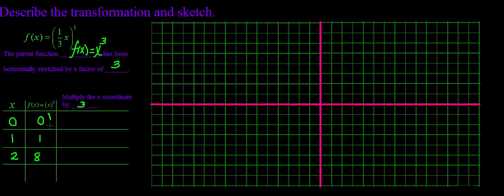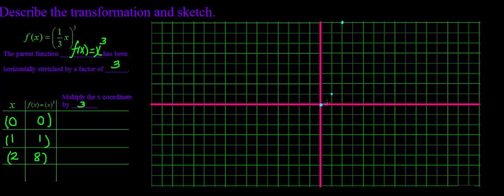So let's plot these 3 points for my parent function: (0, 0), (1, 1), and (2, 8). So (0, 0) is the origin, then (1, 1), and (2, 8). Now, this function, x cubed, is an odd function.